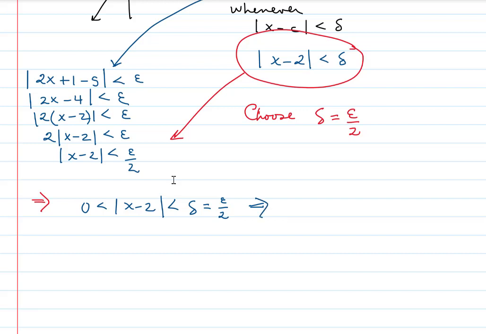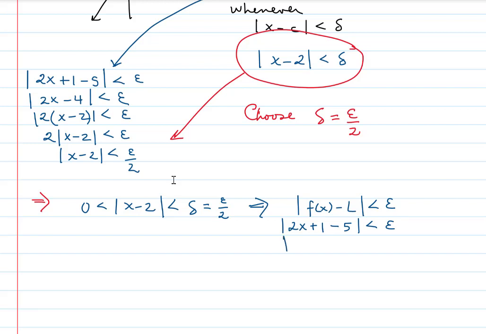This implies that the absolute value of f of x minus L, I'm going to write it with the symbols here, is less than epsilon. But remember what my function was? I've already worked it out here, but I'm going to do it again. The function was 2x plus 1, minus 5 less than epsilon.